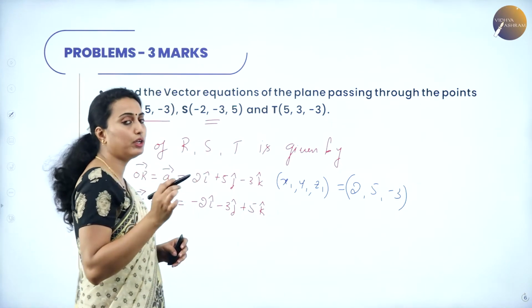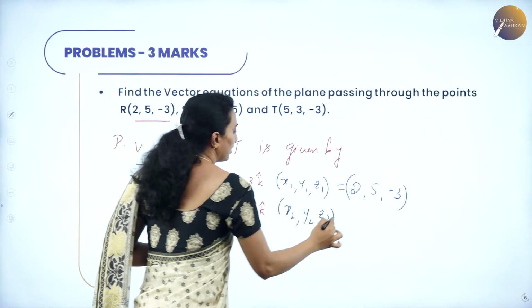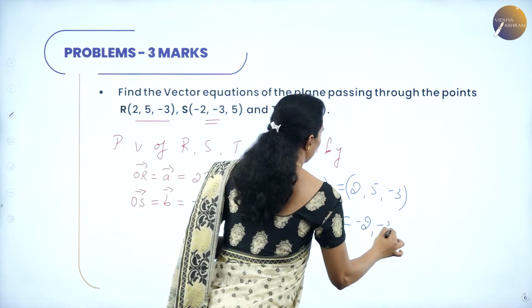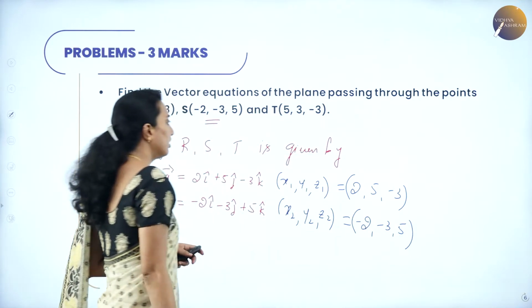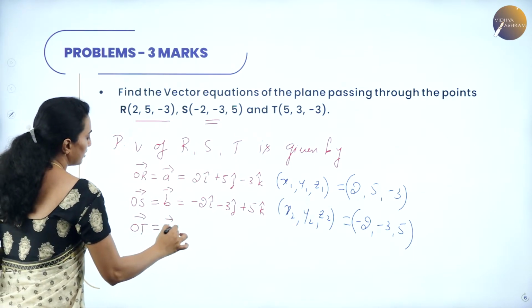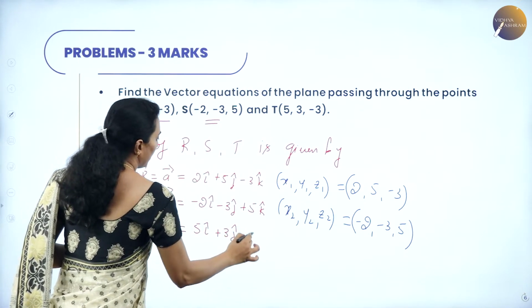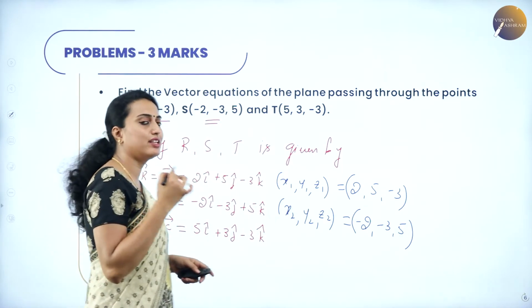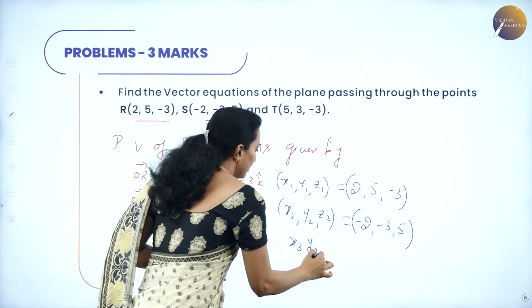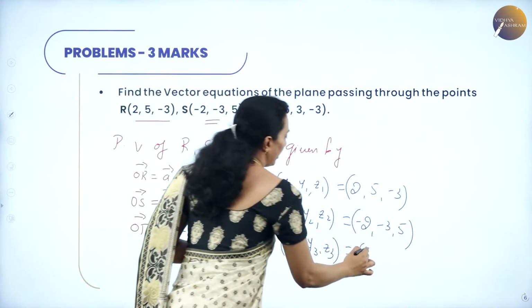So what are x2, y2, z2 there? x2, y2, z2 is given by minus 2, minus 3, 5. Okay. Now, similarly, what is the OT vector? The OT vector is the C vector, which equals 5i plus 3j minus 3k. So what are then x3, y3, z3? Yes, your guess is right. x3, y3, z3 is the point 5, 3 and minus 3.